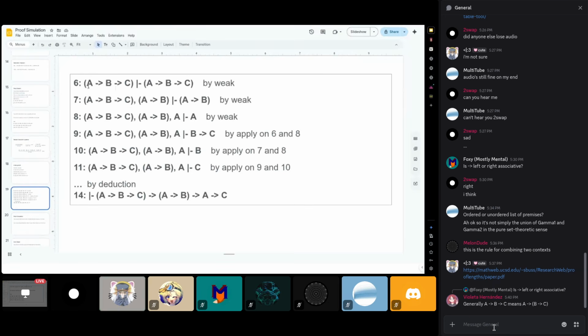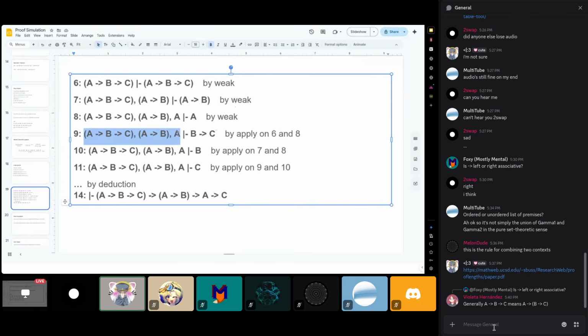Here's another one. I might not go into as much detail here. You can prove this by weakening, and you can prove this also by weakening, same thing. And then you can apply this one to this one because this is a prefix of this context, and this is also a prefix of this context.